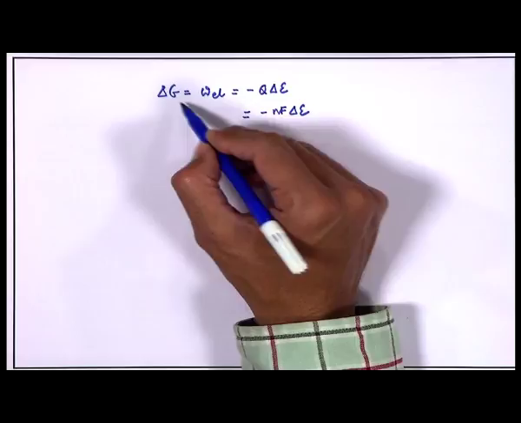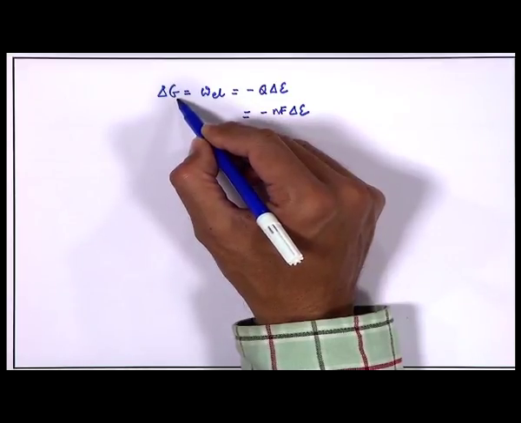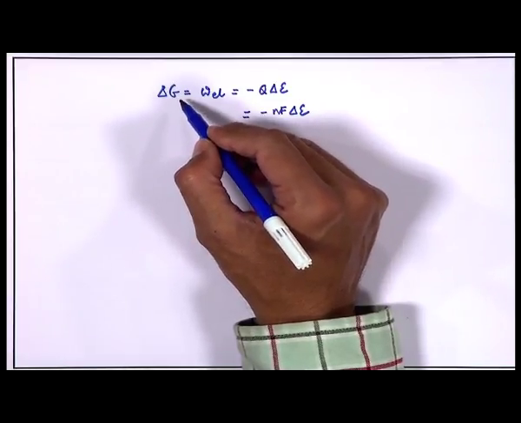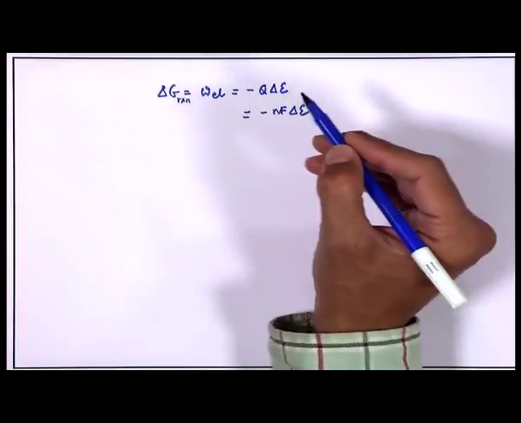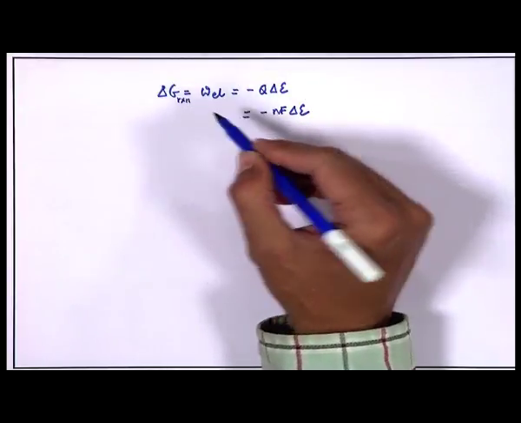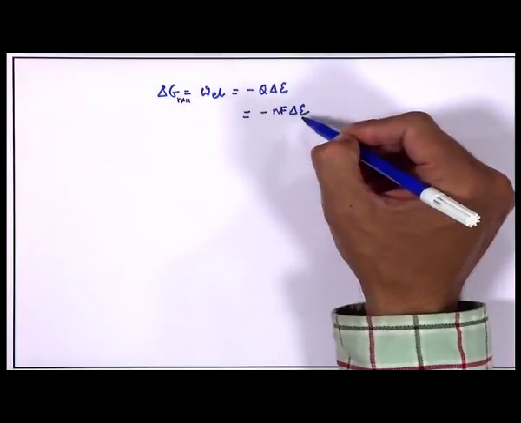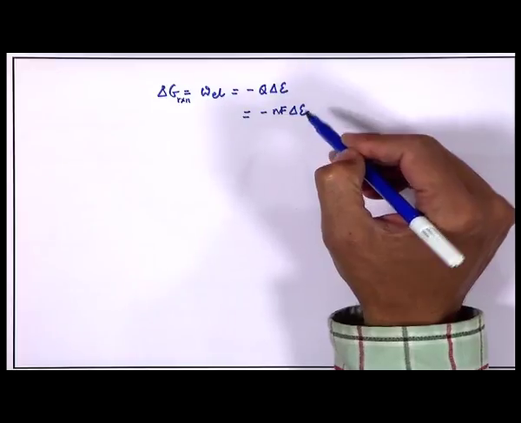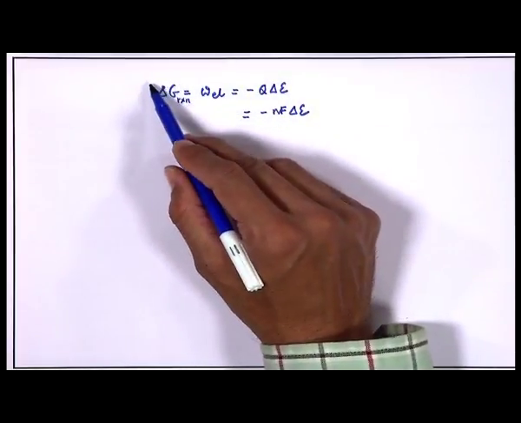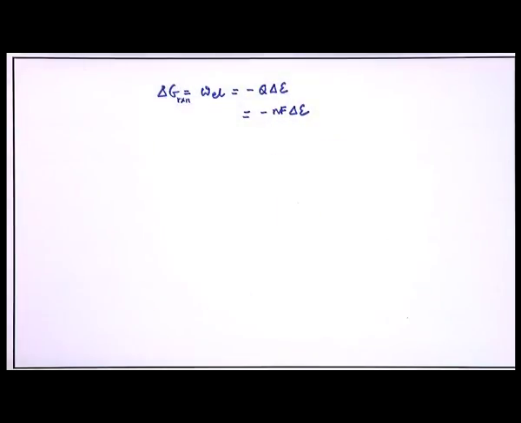This delta G is the delta G of the process involved, the chemical reaction, because delta G of the reaction is nothing but the net electrical work. Therefore, delta G of the reaction is minus nFE. That is how this relation can be derived.